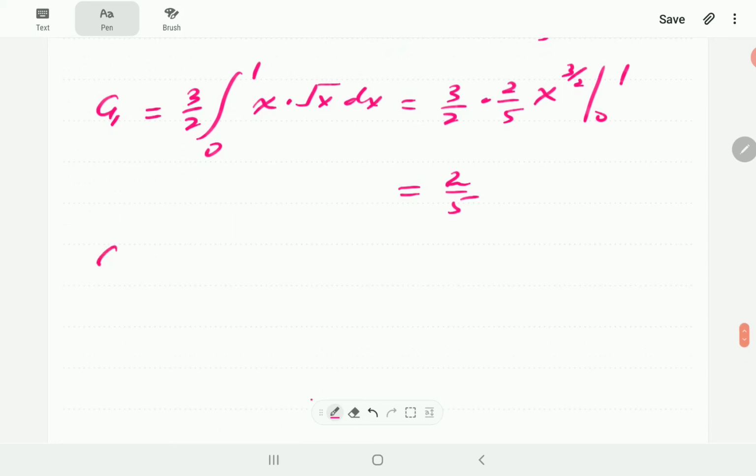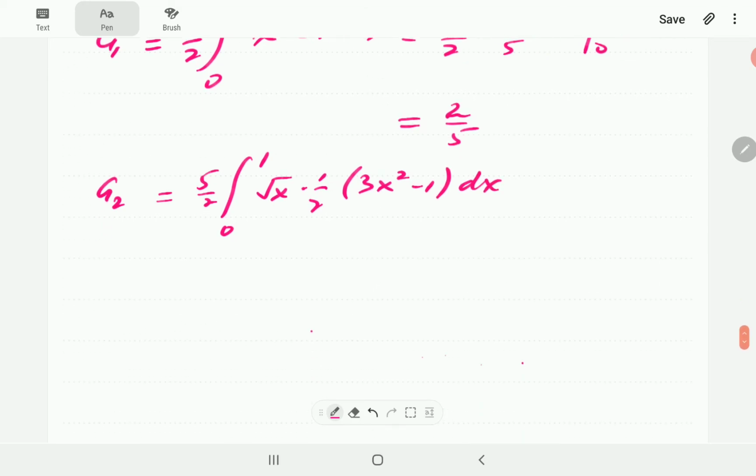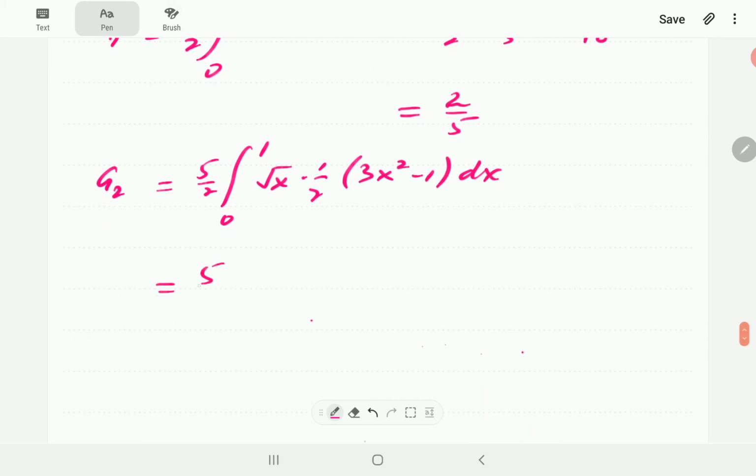And then the third one, well, if it's non-zero, so this is going to be 5/2 integral from 0 to 1. So we're going to have square root x times p2, which is 1/2 (3x squared minus 1). So this is going to be 5/4.